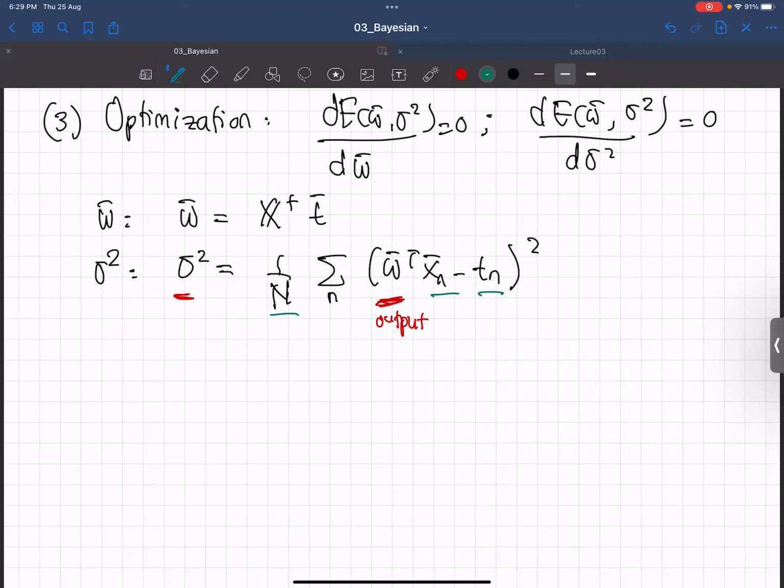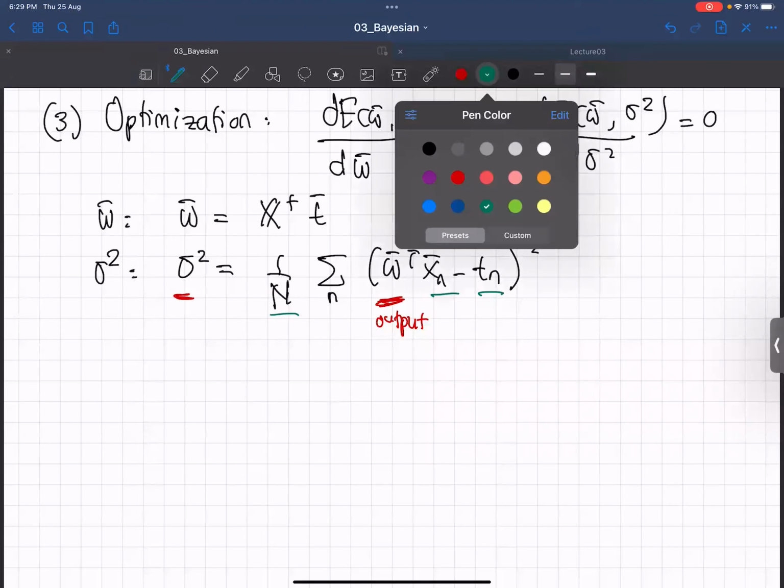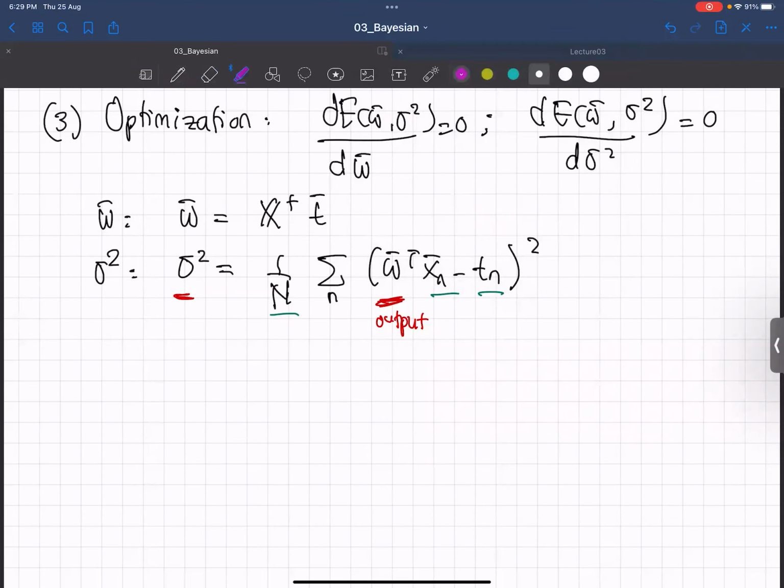But the problem here, as I mentioned again, is that this equation depends on M. If your M is very high, then the subtraction here will be very small. Because if M is very large, then however complex your Tn, your curve will be able to predict it precisely.